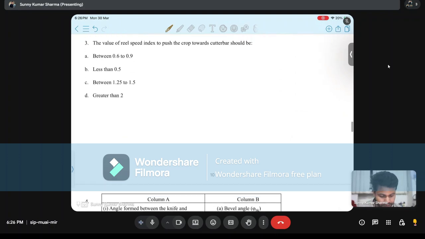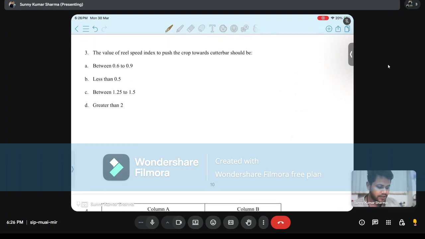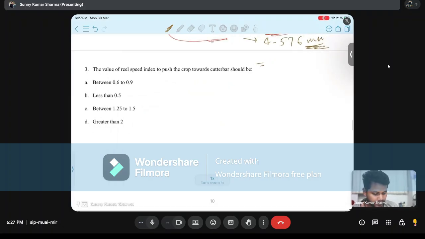So next question is the value of reel speed index. This you have studied. What is reel index? First you tell. In case of a combine harvester, this reel is there.